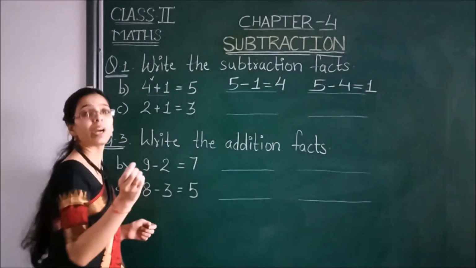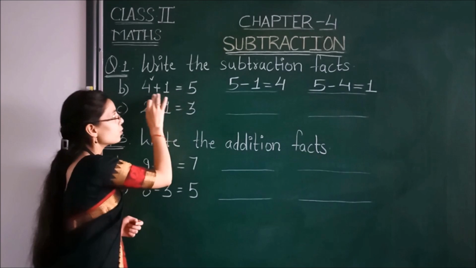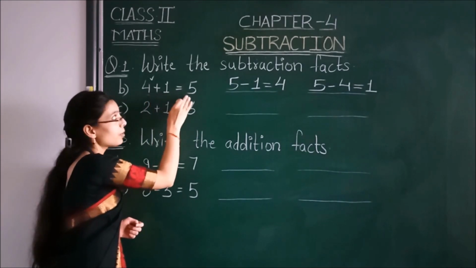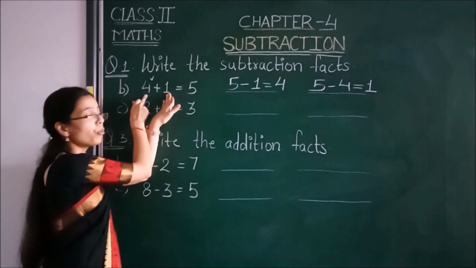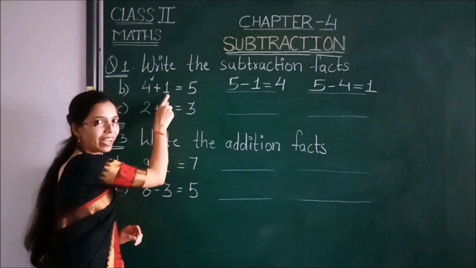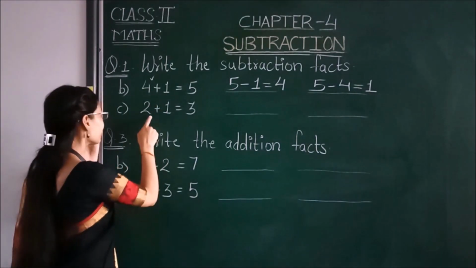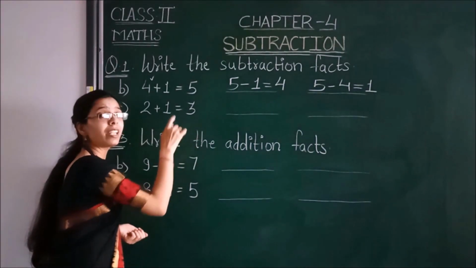Now children, can you identify one thing? See, when we subtract the smaller number from the bigger number, when we subtract 1 from 5, we will get 4. And when we subtract 4, we will get this 1. Understood? Now, see, 2 plus 1 is equal to 3.